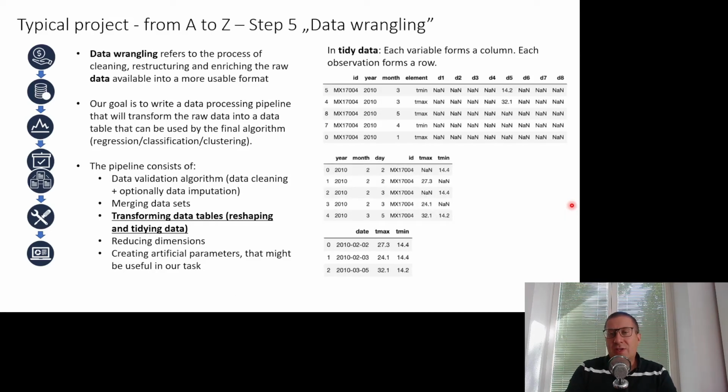So we can try to make it more tidy, or to make it tidy in general. Instead of having those days as columns, we can add a separate column called day, where we can put the number of a day.